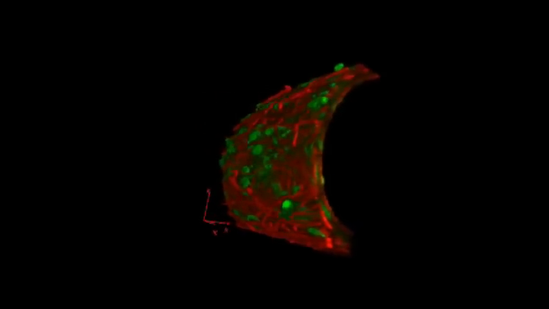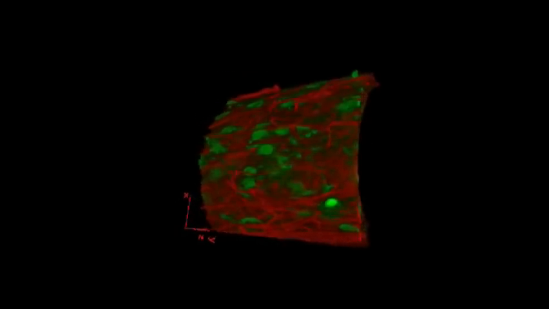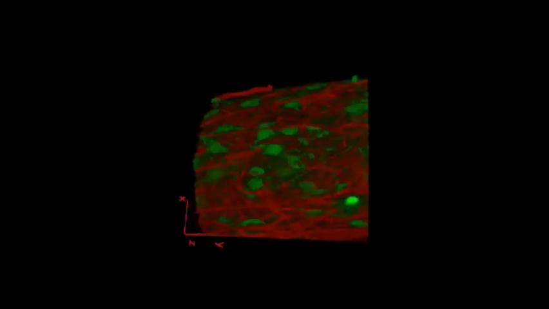This image shows a three-dimensional reconstruction of a complete stack of images so that you can get a representation of the actual structure of the blood vessel wall. And what distinctly shows up in this 3D rotation is that there is a very distinct outer red layer, a very distinct inner red layer, and on the outside of the rotational stack of images, you can see the nuclei, in this case of the smooth muscle cells, and on the inside you can see the location of the nuclei of the endothelial cells.